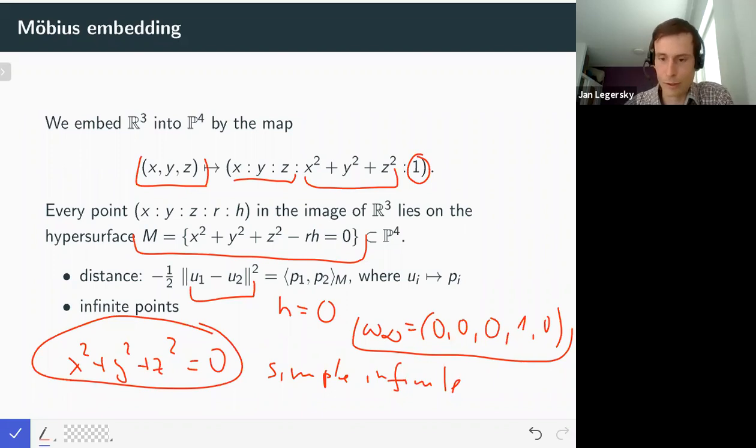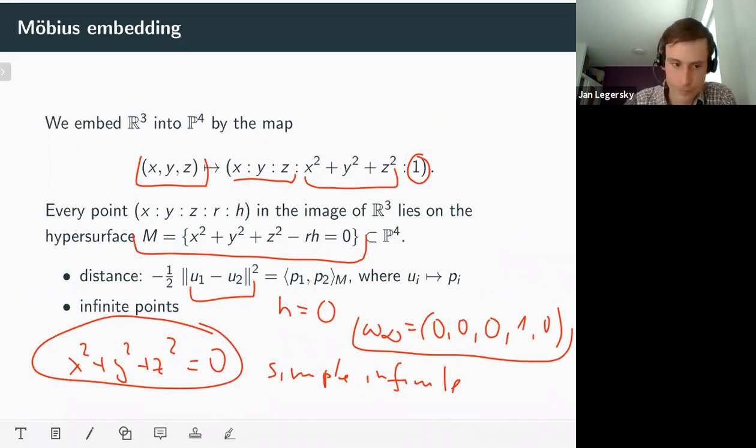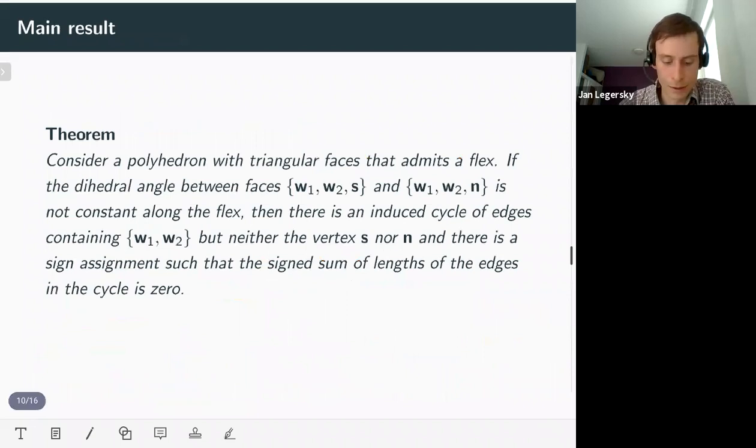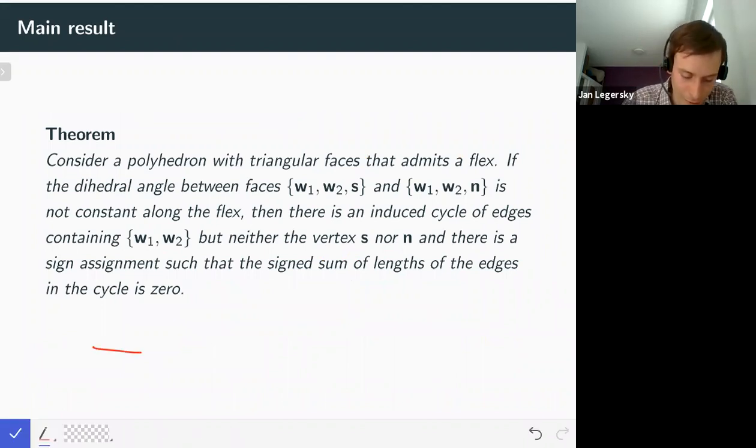And using these simple infinite points, we can see later how to get a zero-sum cycle. So let me restate our main theorem once more, introducing some notation. The only thing I want to introduce extra now is some names for the vertices we are considering.